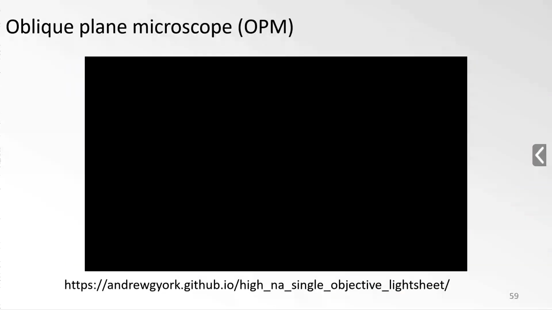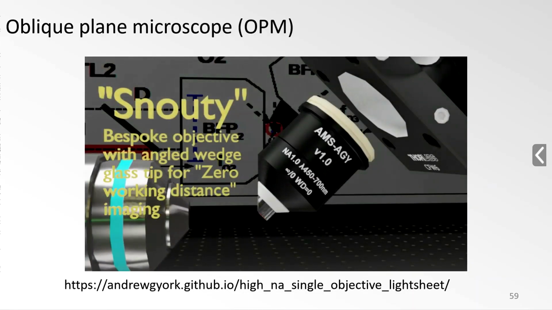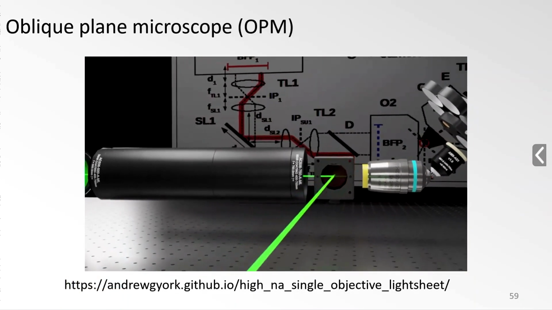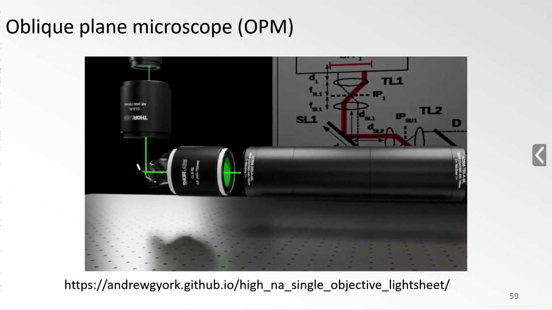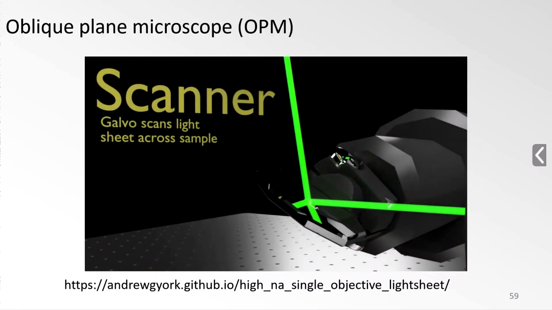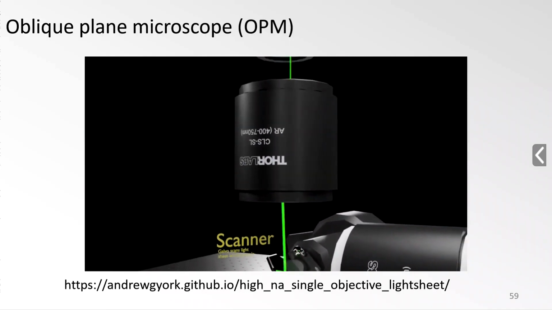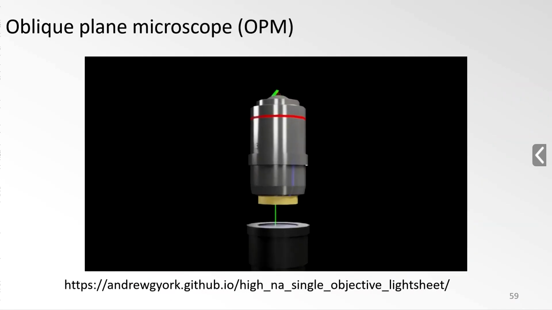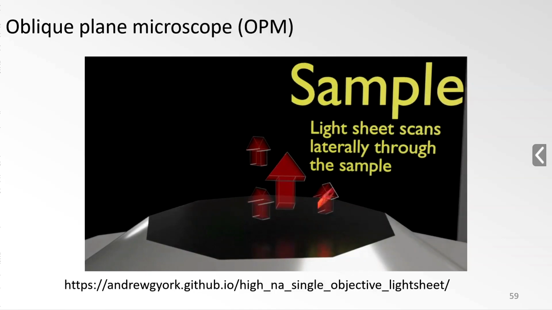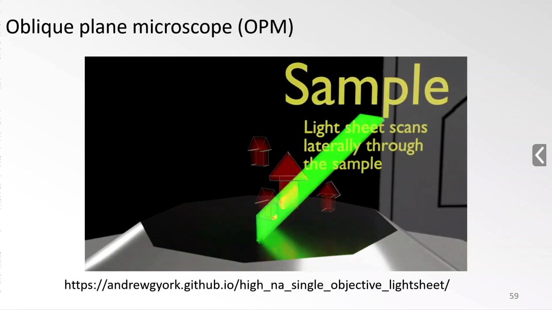There's a very nice video. You can Google it to see how it really works. So now you have this illumination, and the illumination goes through a few optics, and then this is a scanner, and then you can scan the light sheet across your sample, and here is your sample, and then the fluorescence is collected through the same path back.